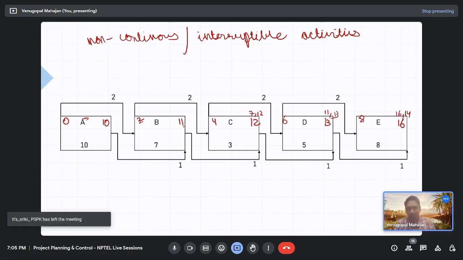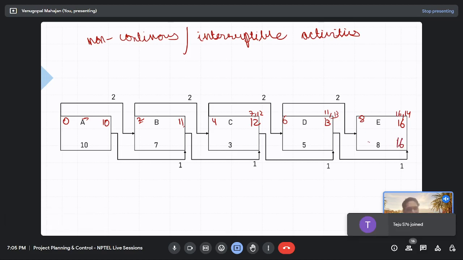So, okay, let's try the backward pass in this case. 16, 16 minus 8, 8. What about activity D? 15. Then what about this? 8 minus 2, 6. Right?